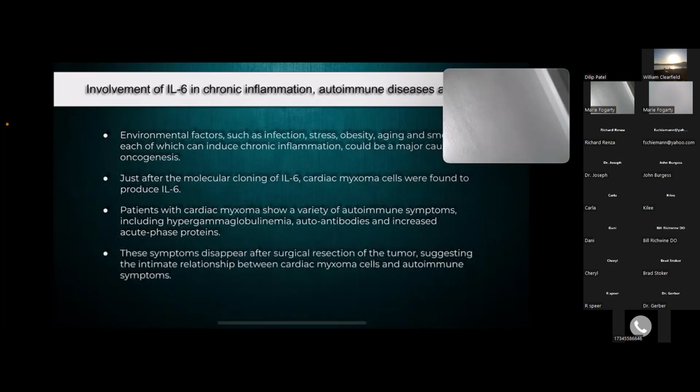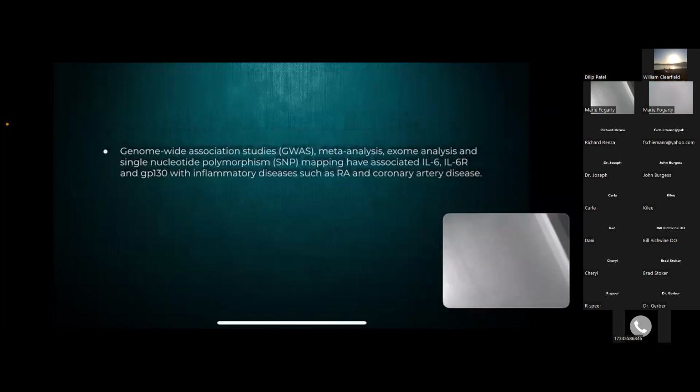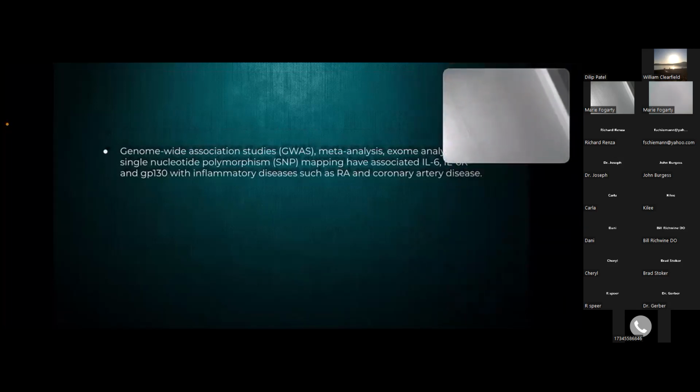These symptoms disappear after surgical resection of the tumor, suggesting the intimate relationship between cardiac myxoma and autoimmune symptoms. Genome-wide association studies, meta-analyses, exome analysis, and single nucleotide polymorphism mapping have associated interleukin-6 receptor and GP130 with inflammatory diseases such as RA and coronary artery disease.